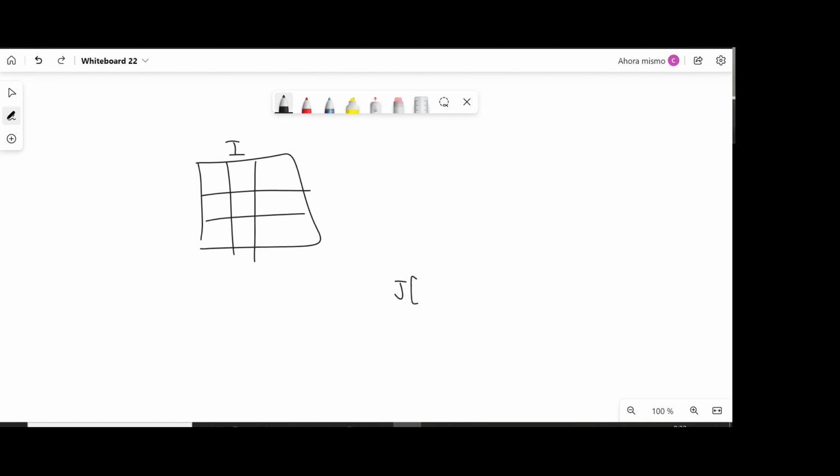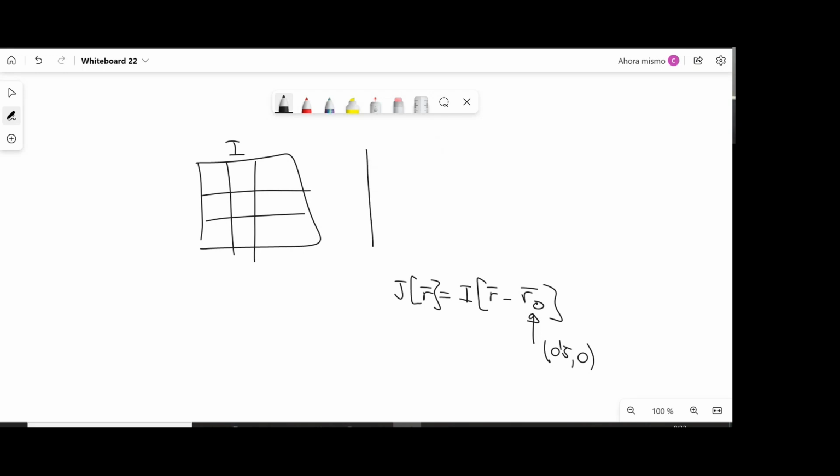That will be, for instance, J equals I minus a vector that is just 0.5, 0. That means that we have to move the image half a pixel from its current position to the right.